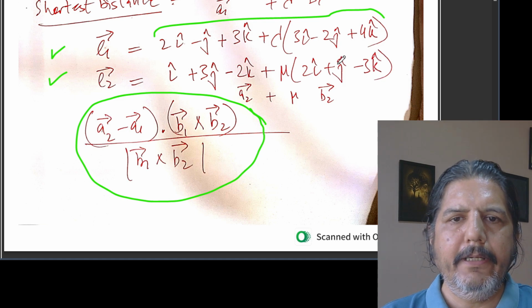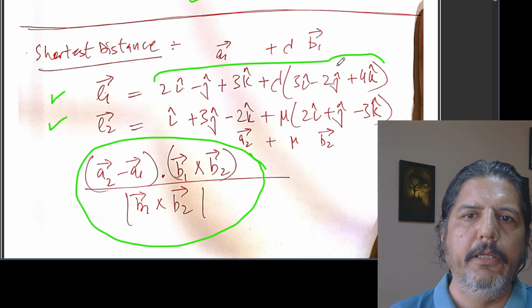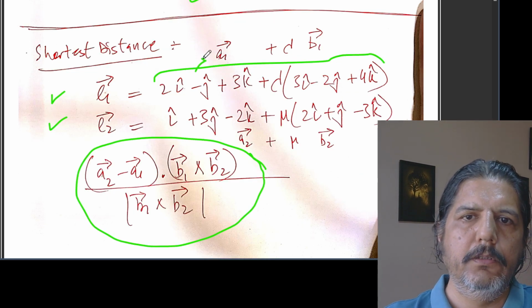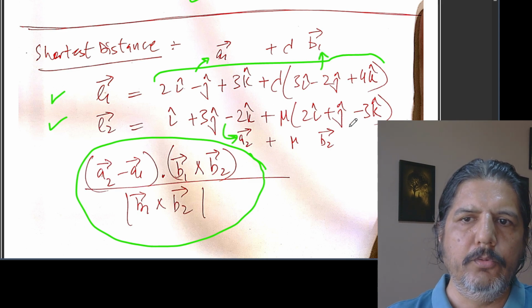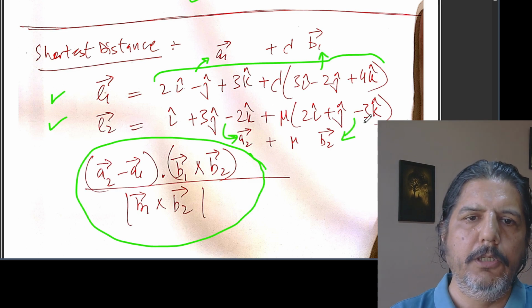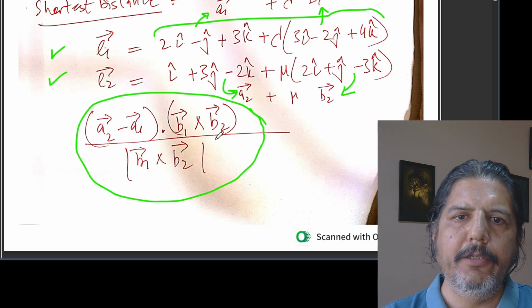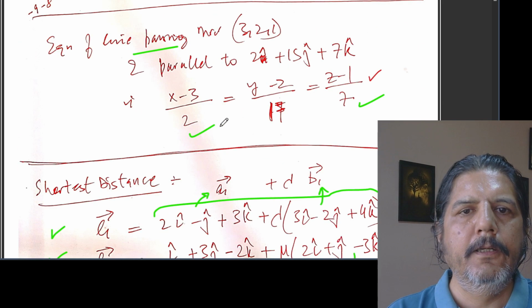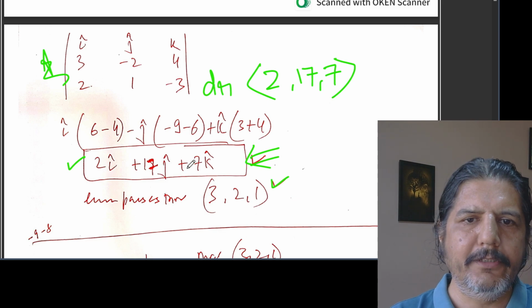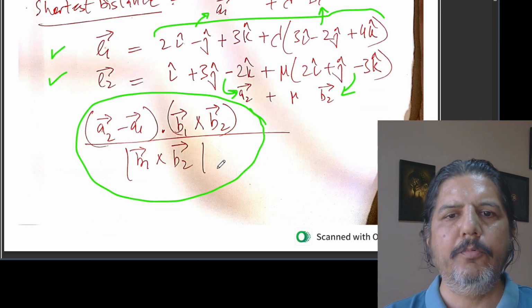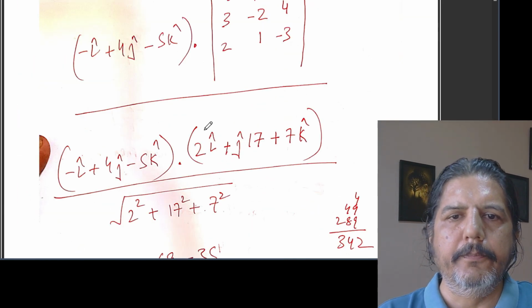So this is A1, this is B1, this is A2, this is B2. I have already found the value of B1 cross B2, which is 2i + 17j + 7k. I'll just put that here.